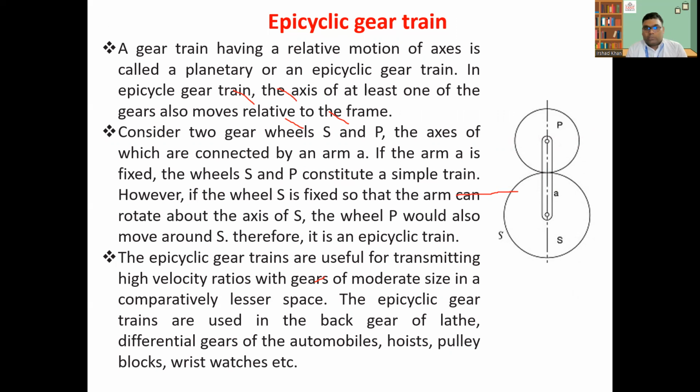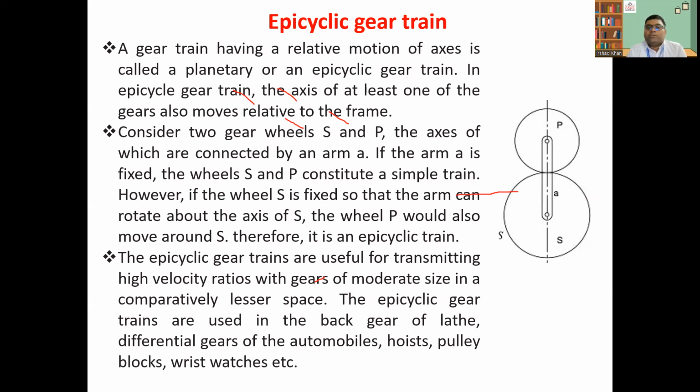In this arrangement you can see one gear S, the second one P, and they are connected with the arm A. If the arm A is fixed, this type of arrangement is called a simple gear train. If S is fixed and the arm starts rotating around it, this kind of arrangement is called a planetary gear train, or epicyclic gear train.